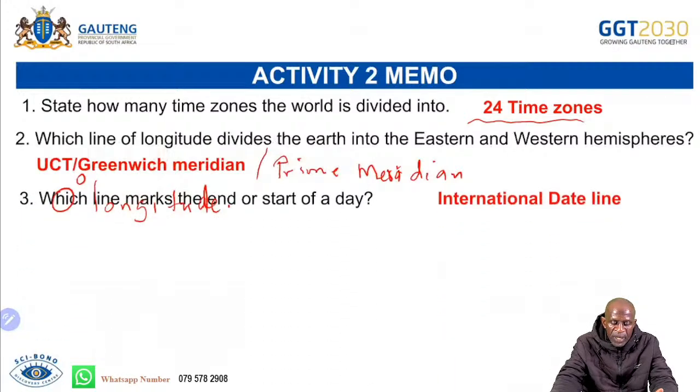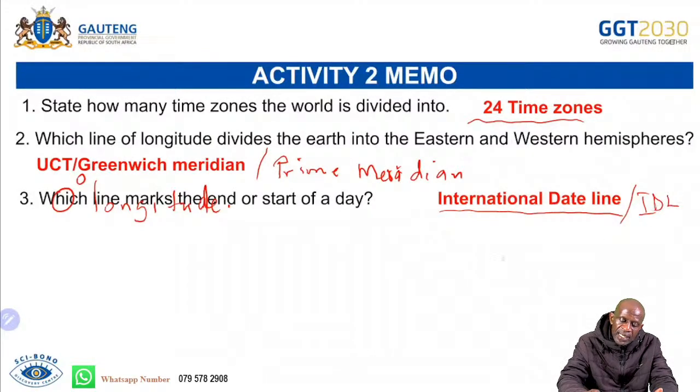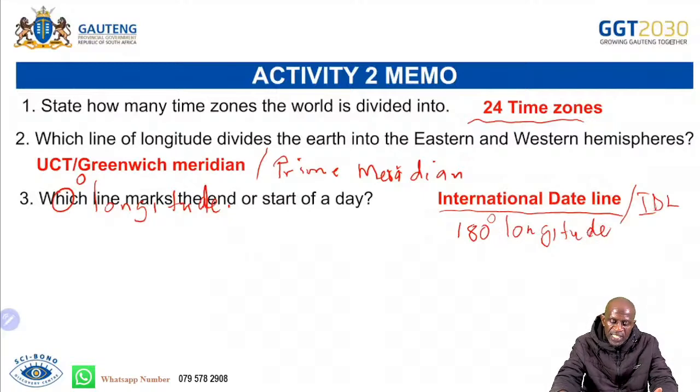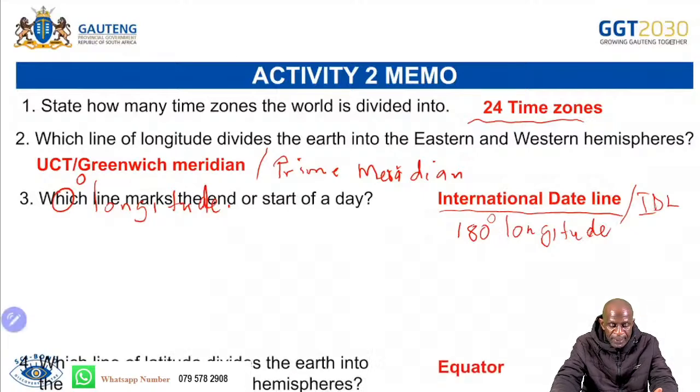Question number 3, which line marks the end and the start of a day? That line is the international date line, or you can simply say the IDL, or you can say the 180 degrees longitude. So I'm just giving you other alternative answers other than the international date line.